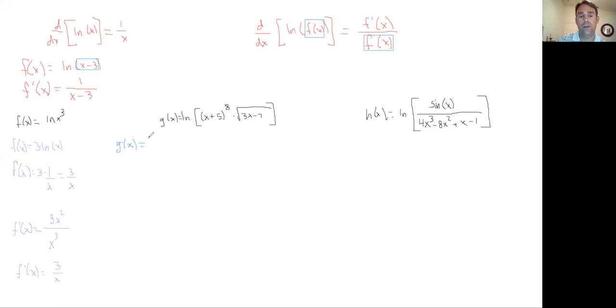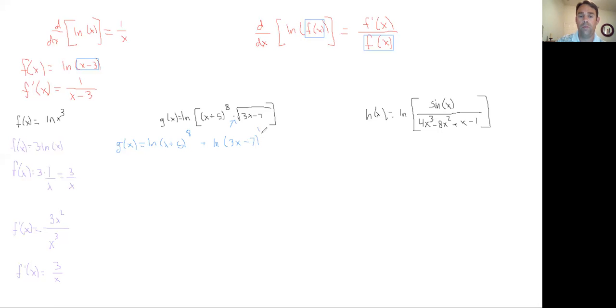I would have first done natural log of x plus 5 to the 8th plus the natural log of 3x minus 7 to the 1/2 power. I'm combining it with plus because it was multiplication in between.